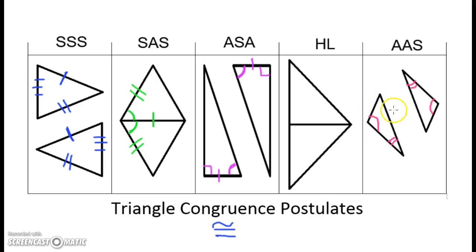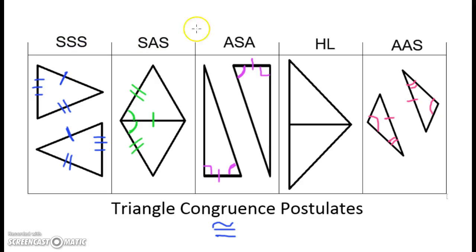But if I know either of the other two sides, so for instance, let's say this little short side is equal to that little short side, now I can say angle, angle, side. Or if I had known the other side, if I had known this hypotenuse looking side and this hypotenuse looking side, I could say angle, angle, side going the other direction. So any combination of two angles and a side that's not included works for angle, angle, side.